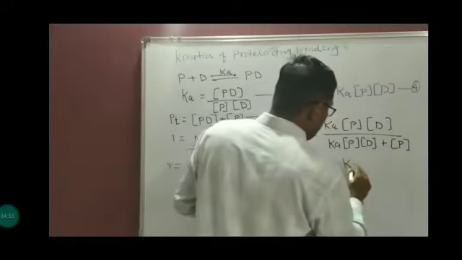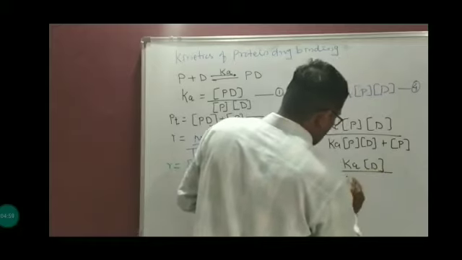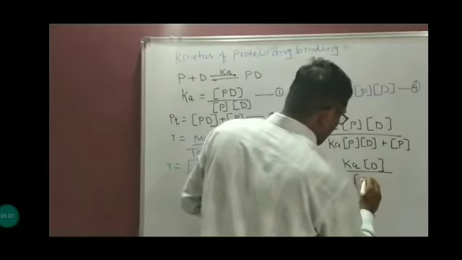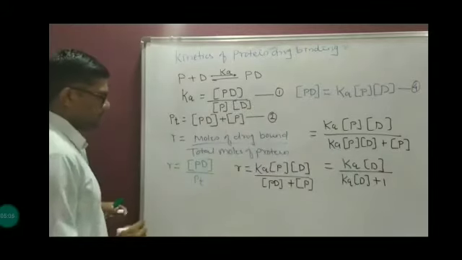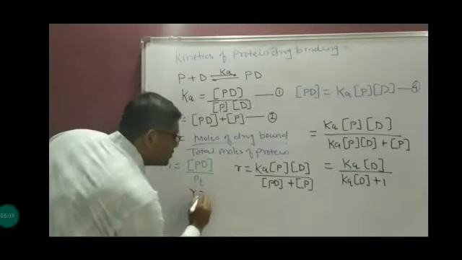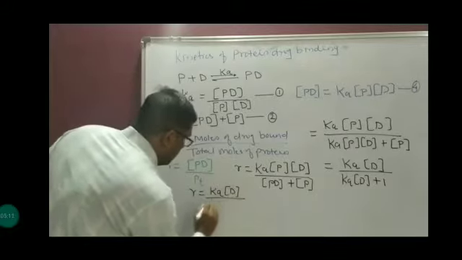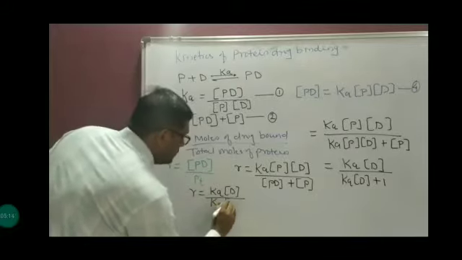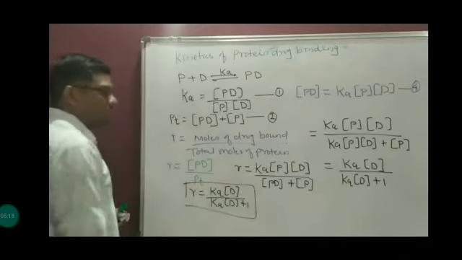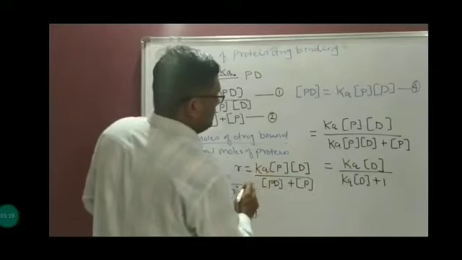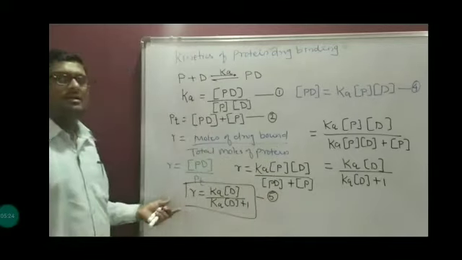It becomes Ka D divided by Ka into concentration of D plus 1. Consider it as equation 5. Now this is for the single binding.